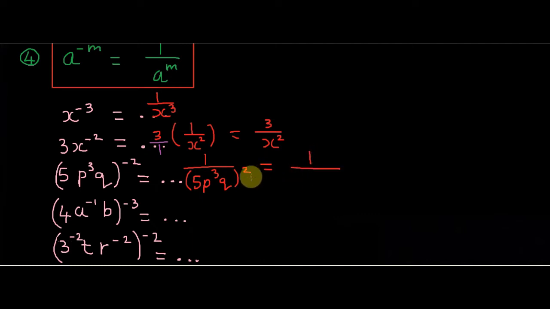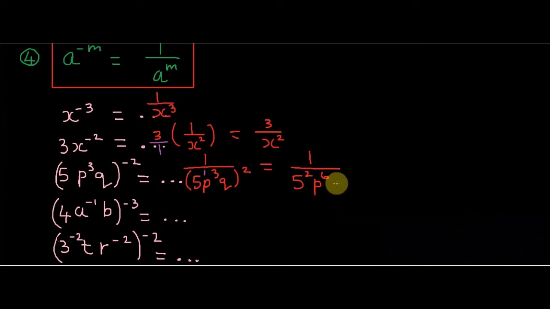Now we can apply one of the previous rules, which says we can multiply the powers. Remember, there's a 1 here that we don't write. So it's going to be 5 squared. In other words, 2 times 1 is 2. So 5 squared. Then 3 times 2 is 6.